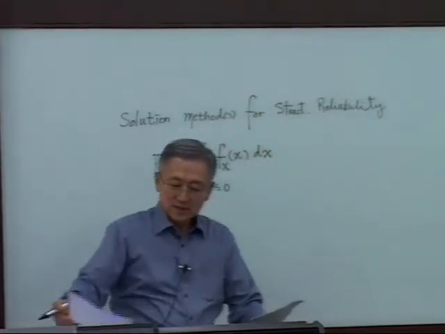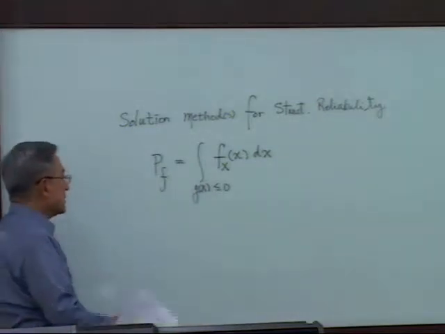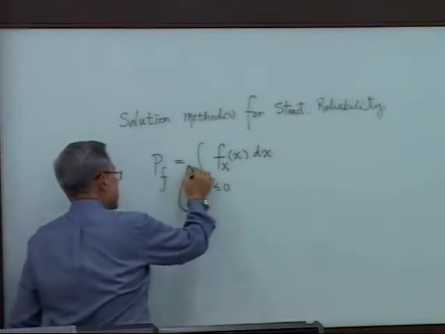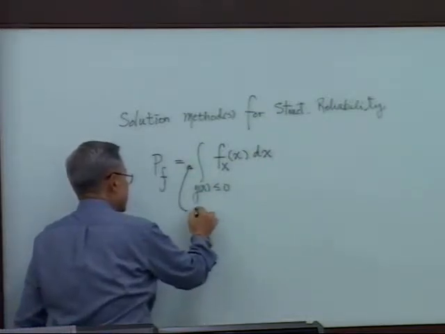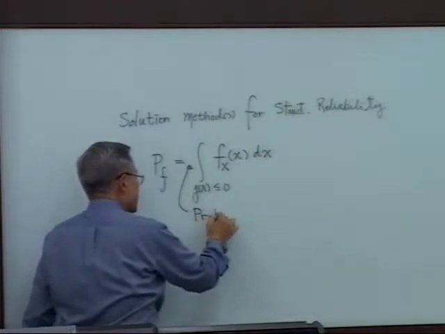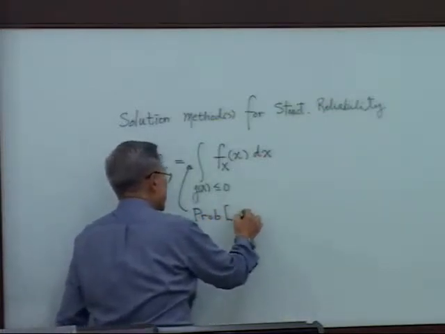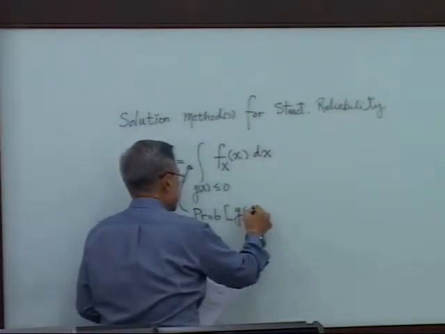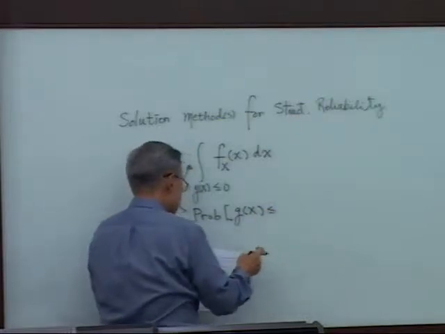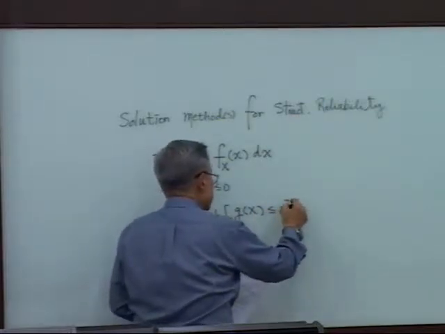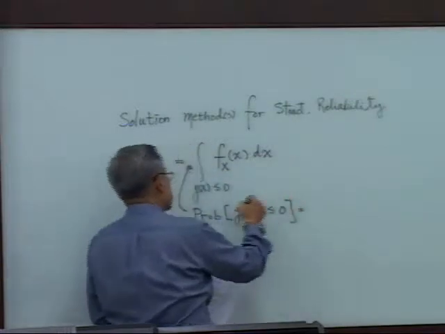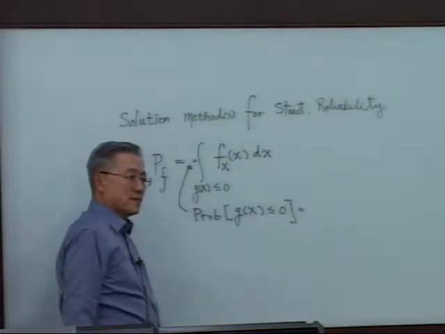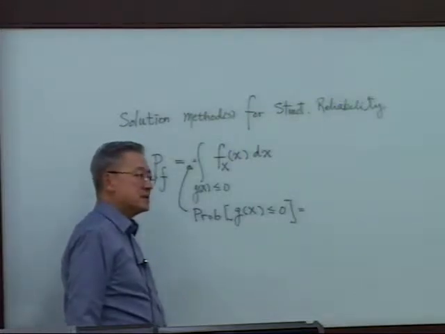But now, if I put one more step in between, this is a probability such that, using the same notation, G(x) is less than or equal to 0 is equal to this. Nothing more, nothing less.